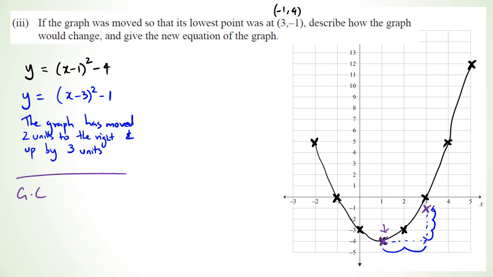Do the same for this point: if I move it 2 right, 3 up, it's going to be there, and then move this point, 2 right, 3 up, is going to be there. So the parabola that you'd be looking at is that light blue line that I'm looking at. You kind of need to move it, draw it, and then see what happens. I guess this is where the vertex form comes quite handy.